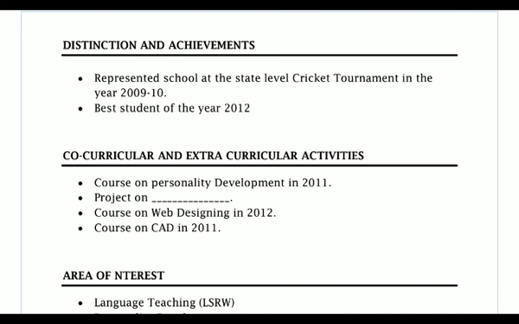You can also give the title of your project. Course on web designing in 2012, course on CAD in 2011. Any extracurricular activity you have done, you can mention it here, because it defines you differently beyond just your academic details.